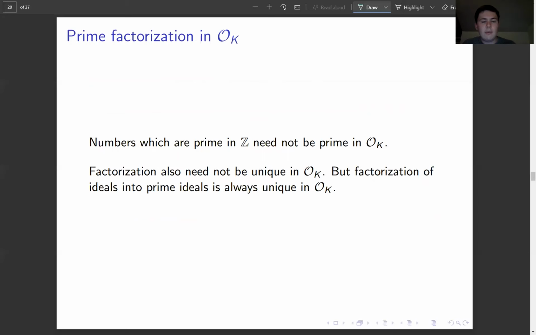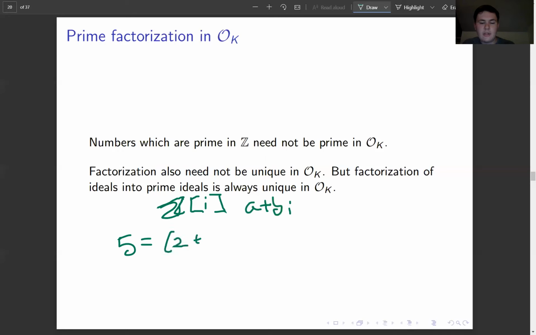Now we're going to think about prime factorization. And remember that there are numbers that are prime in Z, meaning that they don't factor. And not all of these primes always remain prime when we think about higher number fields, when we think about O_K for different number fields. For example, 5 factors in the Gaussian integers, which is the integers like a plus bi, where a and b are integers.